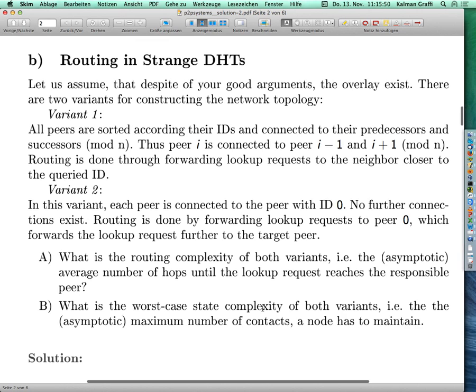How long will it take? So O of n for the hops, and how is the routing table correlated to n? If this is n, how is the number of contacts you have related to n?